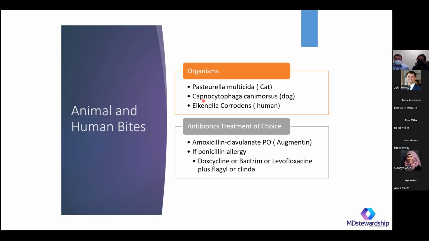And these are the times when even if you get a bite and you don't have an infection, you should treat them. So prophylactically treating them for about 5 days, because those bites can develop into bad infections. Especially cat bites, they go deep. Those teeth are really deep, and you can get osteomyelitis, tendonitis.